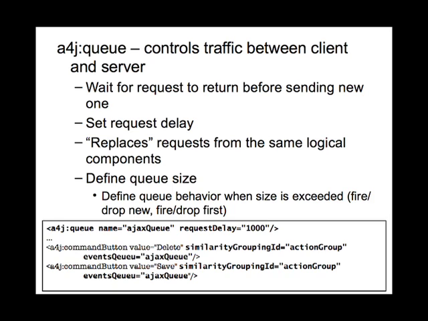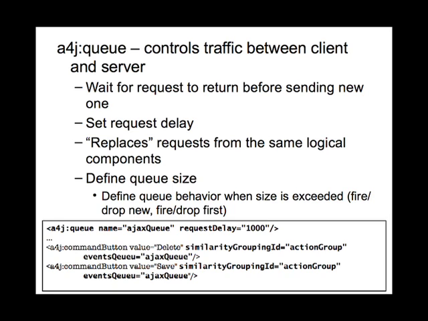Okay, A4J queue, again, a very powerful feature. As I said, you don't want to have someone sitting there clicking delete or submit. So you can set a delay, for example, of 3 seconds, and if within that delay I click 5 times, only the last one will be sent, because it's basically waiting to combine similar requests.